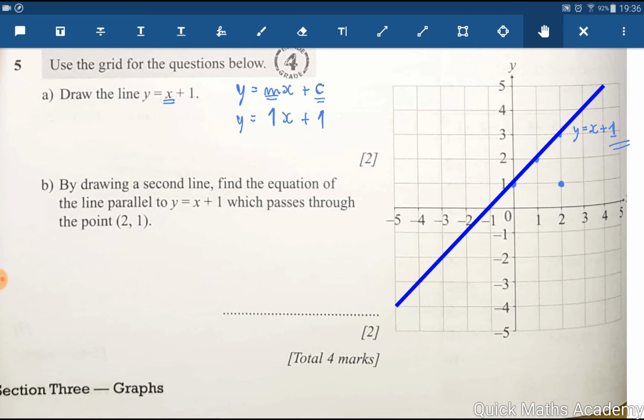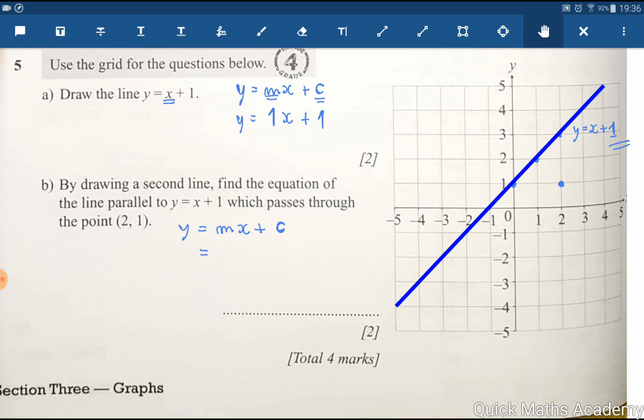So automatically I know that the line we are looking for is again always like this: mx plus c. I don't know the c yet, I will find it, but I know my m is also 1. Why is it 1?